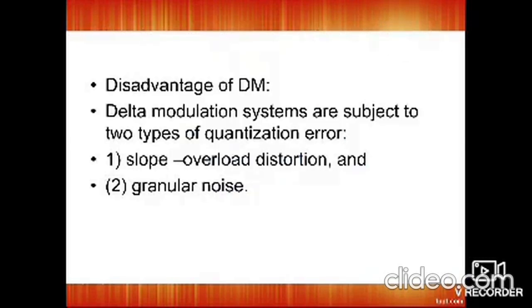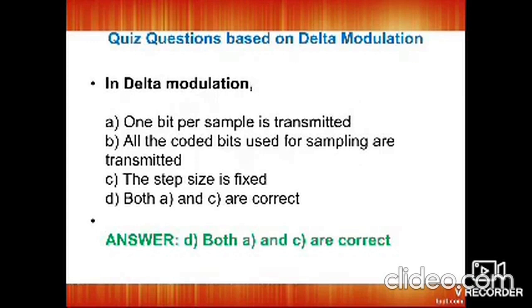The delta modulated signal has one drawback: it produces slope overload distortion and granular distortion. Slope overload noise is the distortion that occurs when the desired signal falls below, and granular noise is the distortion that occurs when the desired signal falls above.